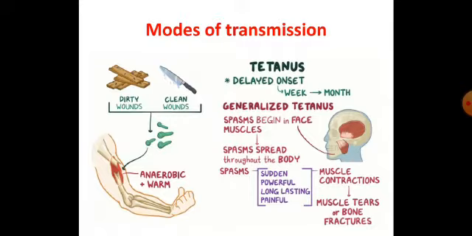When these spores enter inside the body through a trauma or even dirty or clean wounds, they germinate again to the bacillus form and cause tetanus, which is characterized by spasm.